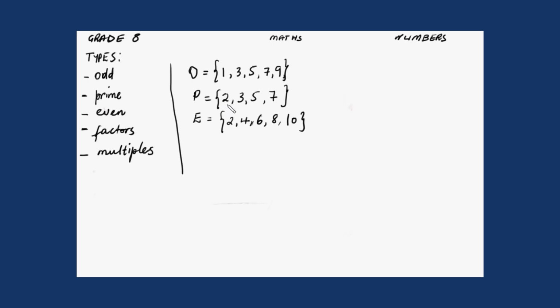Taking 2, for instance, 2 is divisible by itself, which is 2 divided by 2 to get 1, and it is divisible by 1, 2 over 1 is 2. So prime numbers are divisible by 1 and itself. That's the definition. Even numbers are divisible by 2, leaving no remainder.